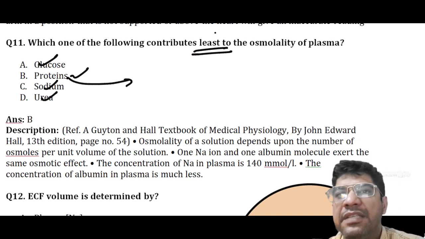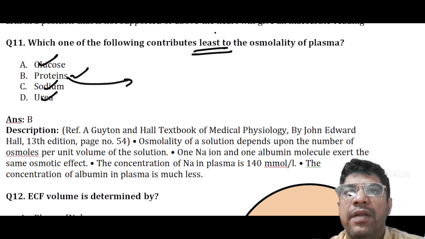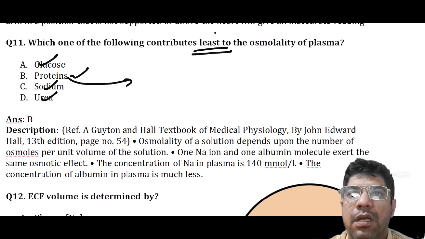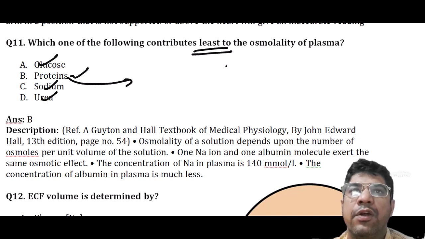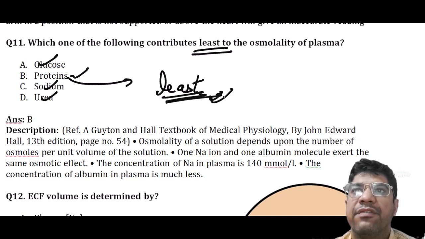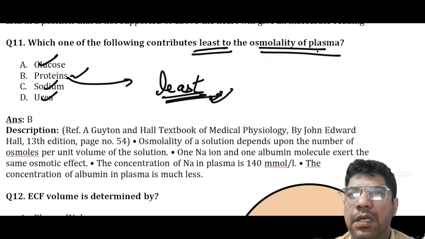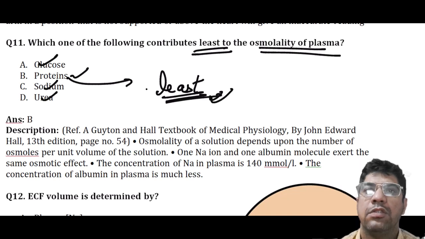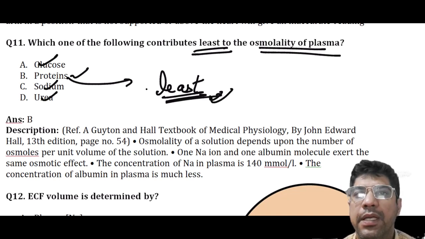It depends upon what is dissolved in your blood, like salts, sugars, proteins and waste products. Among these, the proteins contribute the least concentration. Sodium is the biggest contributor.